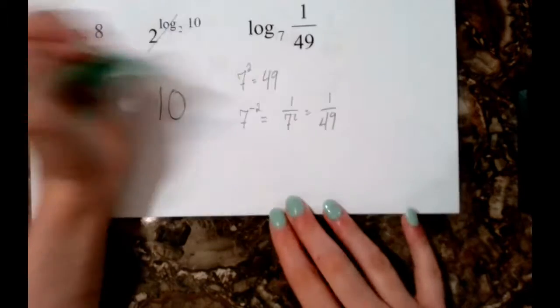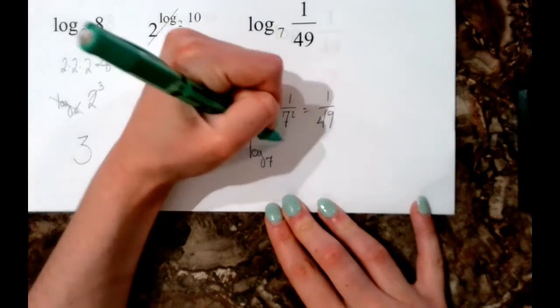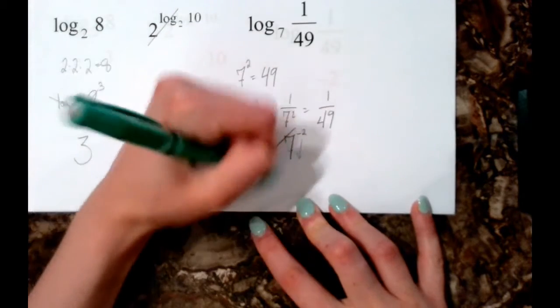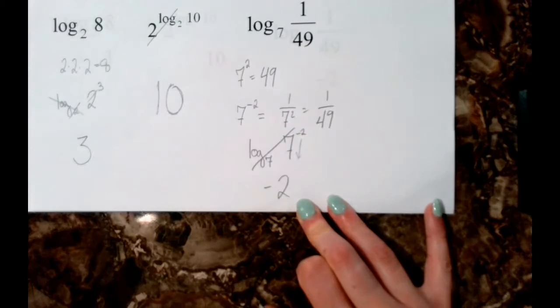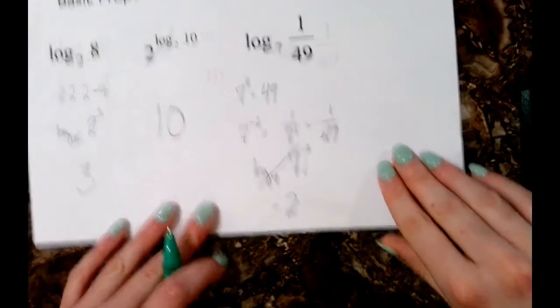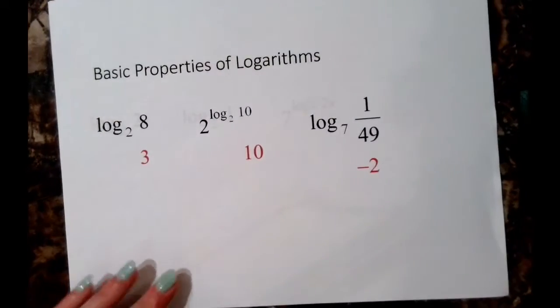So, if we do log base 7 of 7 to the negative 2, these are going to cancel. That drops down and we get negative 2. And then this is just showing our answers.